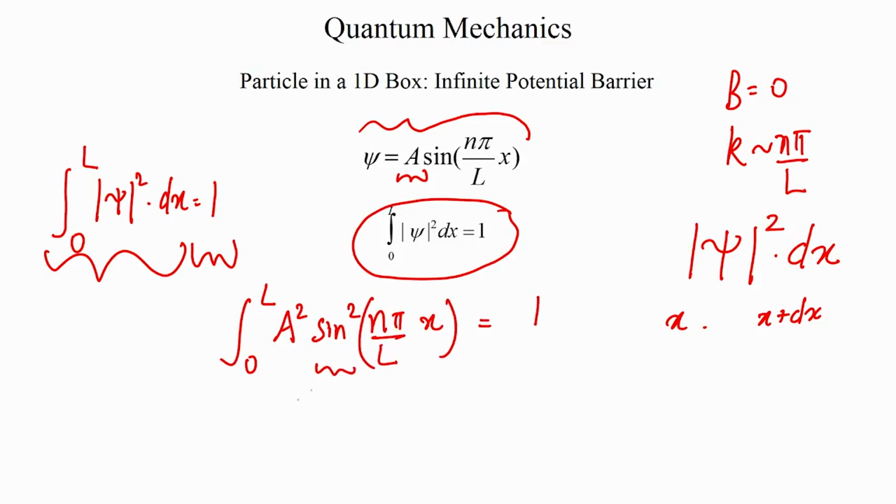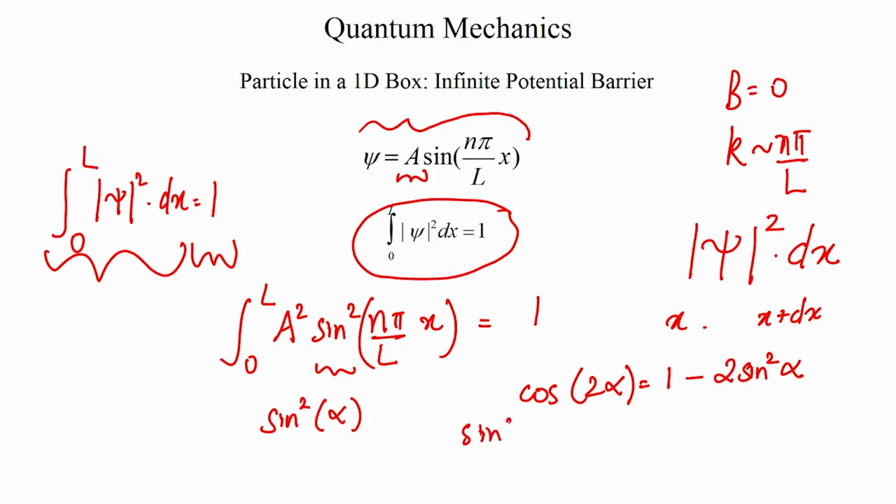Now you can write your sine square. Let us say you have a general sine square alpha. You must note that cosine of 2 alpha is cos square alpha minus sine square alpha, or in other words it is 1 minus 2 sine square alpha. Therefore my sine square of any angle alpha is (1 minus cosine of 2 alpha) by 2.